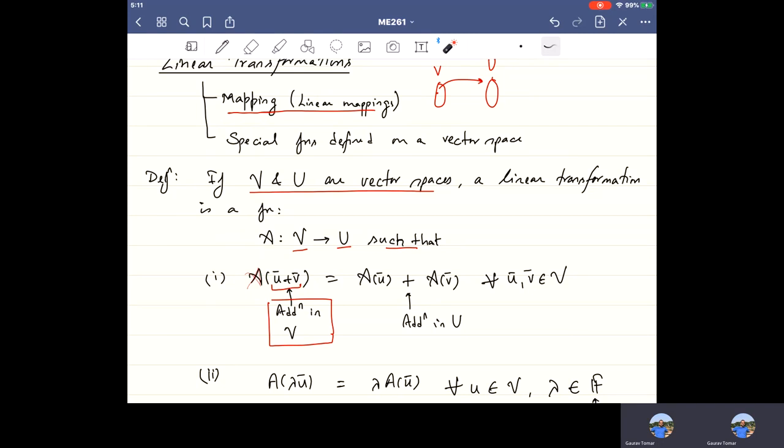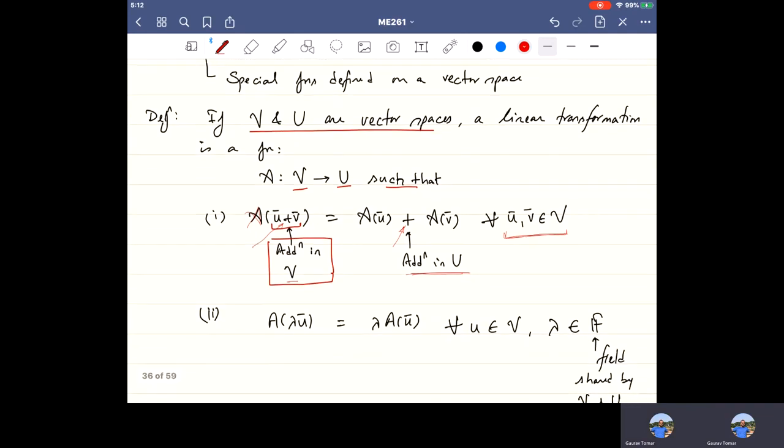Then this is going to be the same as if you would have mapped a single vector u and then added it to the mapping of the vector v. And this addition is of course taking place in the vector space U. So the addition you saw here is in V, and this vector addition is happening in U. And this is true for every u and v of the vector space V.